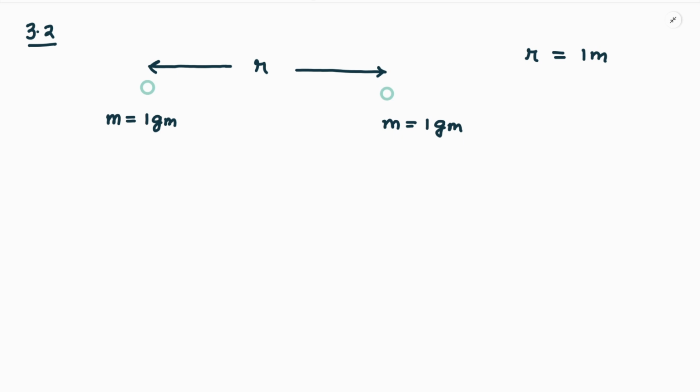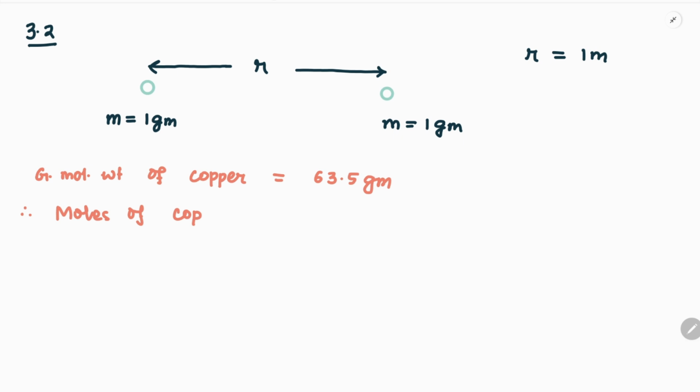nuclei charge. So if I consider the problem by starting it this way, the gram molecular weight of copper is equal to 63.5 gram. So we are having 1 gram, and therefore the moles of copper can be calculated as given mass by molecular weight.